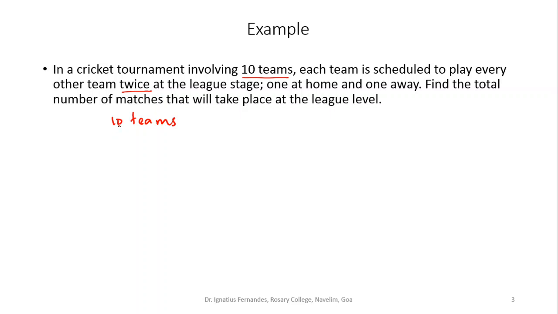The number of ways I can select two teams out of 10 is 10C2. So 10C2 is 10 factorial upon 2 factorial into (10 minus 2), that is 8 factorial, or we know in general that nC2 is n into (n minus 1) upon 2. So it will be 90 upon 2, that is equal to 45.